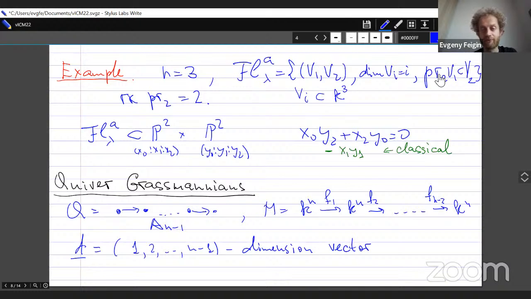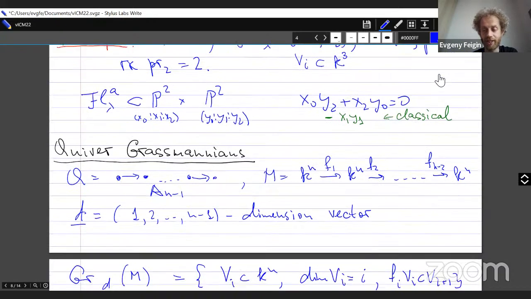So linear maps between n-dimensional vector spaces. And in order to define the corresponding Quiver Grassmannian, one also has to specify the dimension vector. So let us fix d to be 1, 2, up to n-1. So this is the dimension vector.